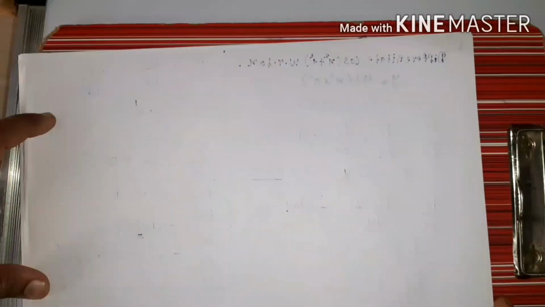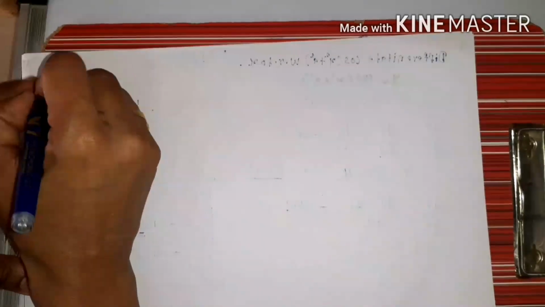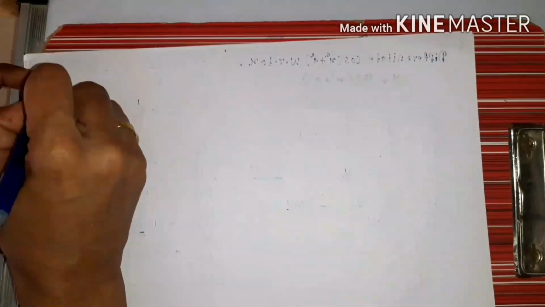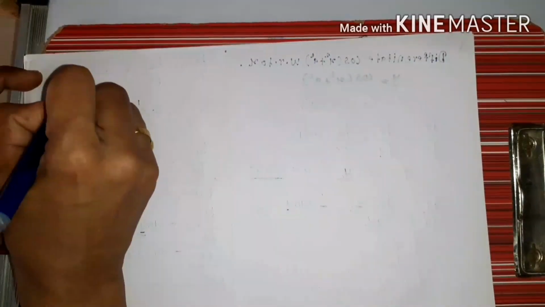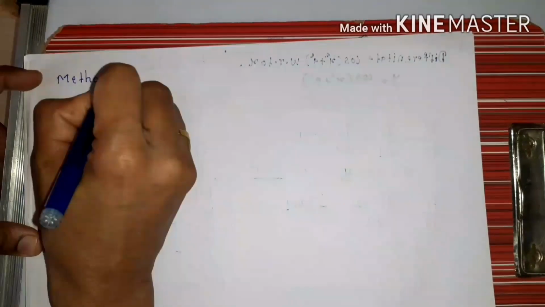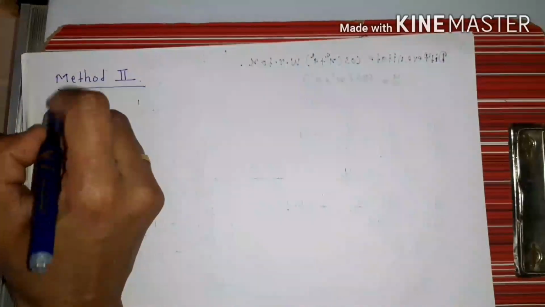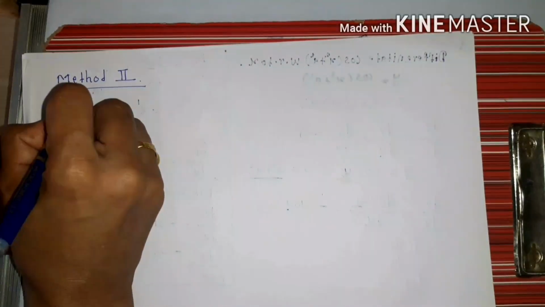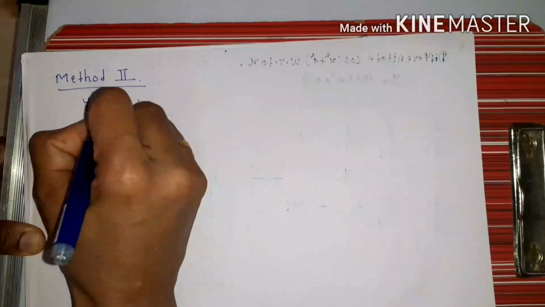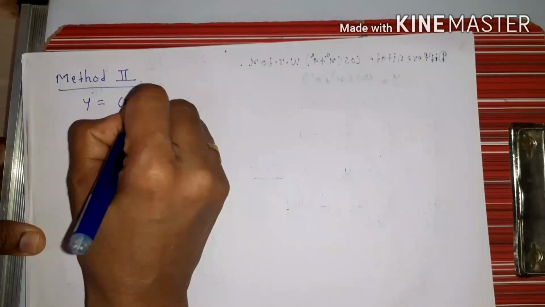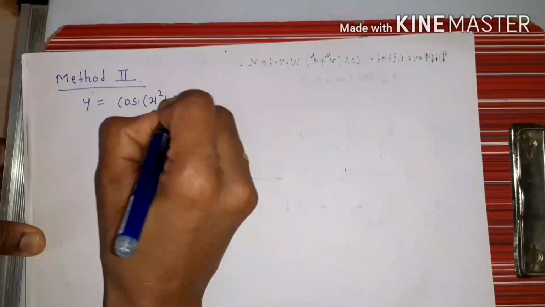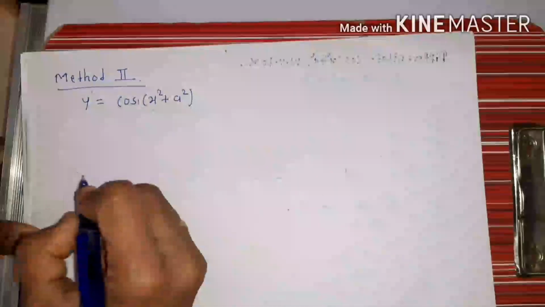Now using the second method we have to solve this problem. By the second method the same problem we will solve. Okay, method 2. That is differentiation of y equal to cos of x square plus a square.